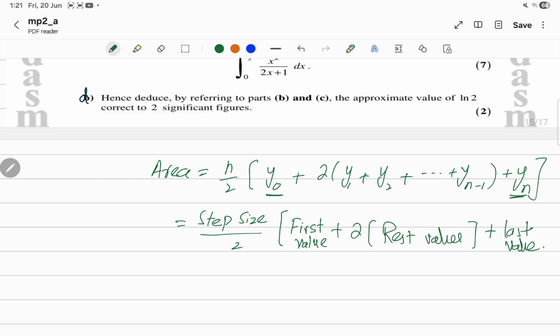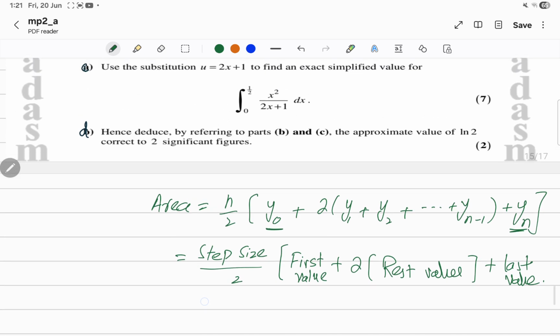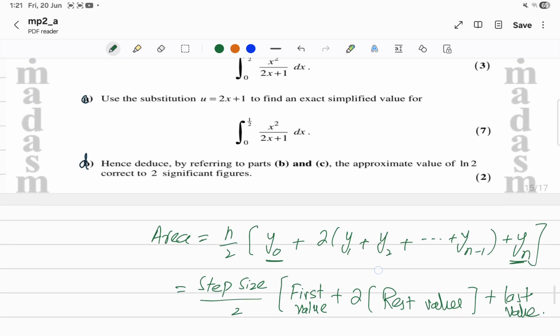So this is actually the formula to solve this integral, or to get the area under the curve.